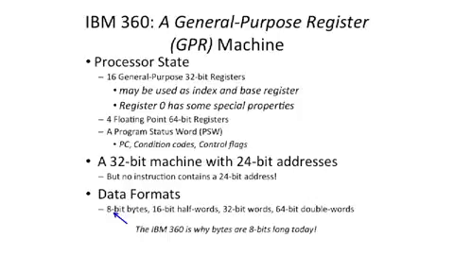Because before that, we had lots of different choices. There were binary coded decimal systems, where you would actually encode a number between 0 and 9 for each digit. This is sometimes good for spreadsheet calculations or business calculations, where you want to be very precise on your rounding to the penny.